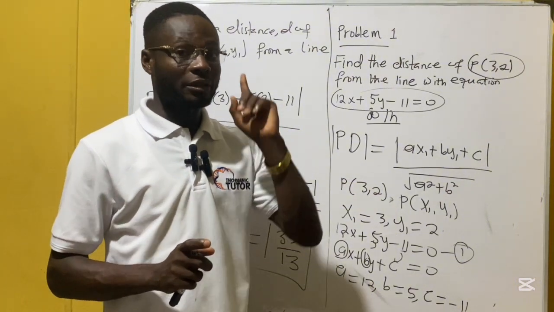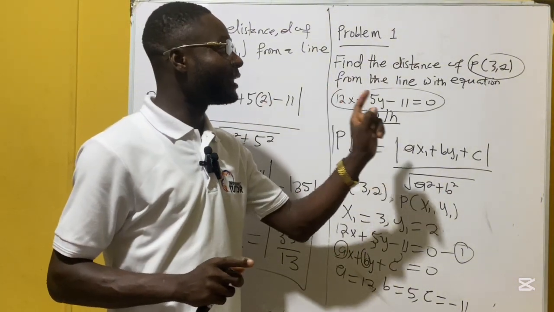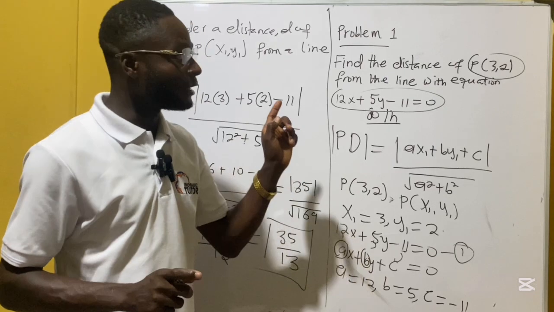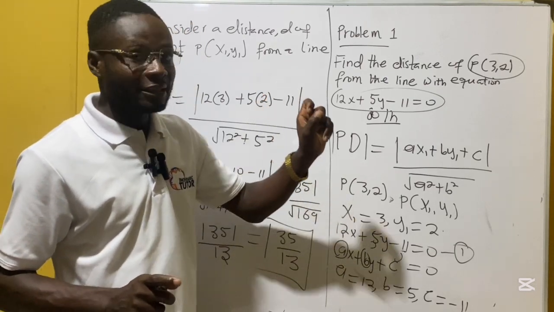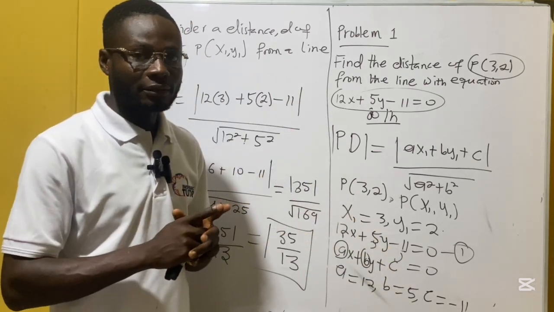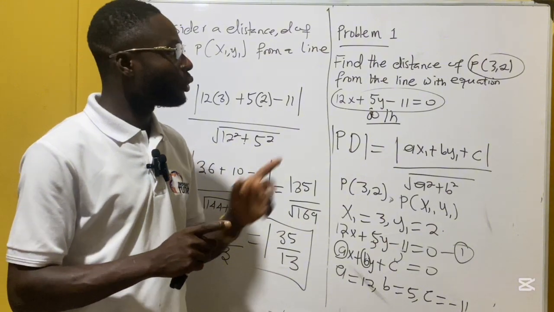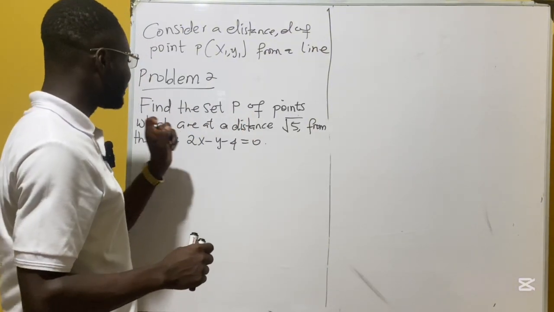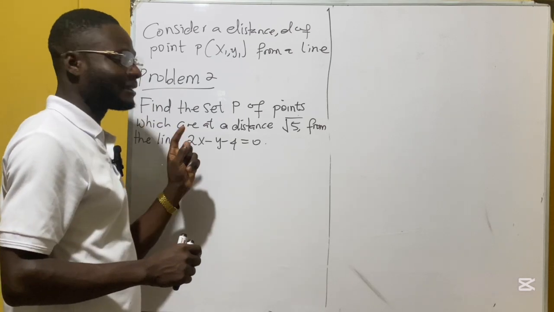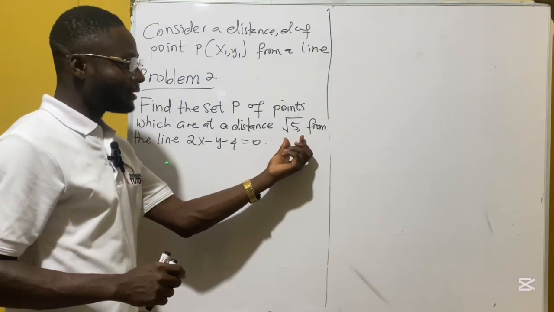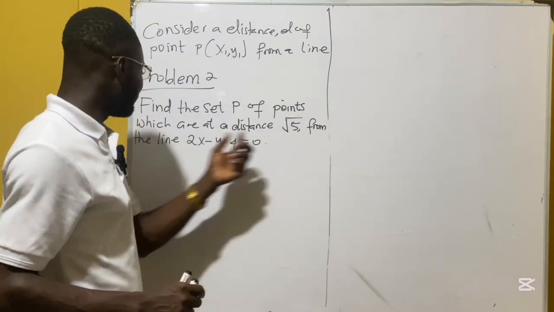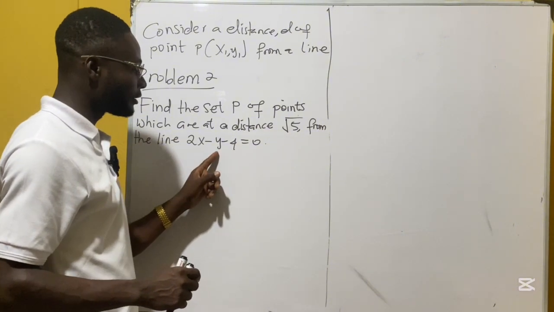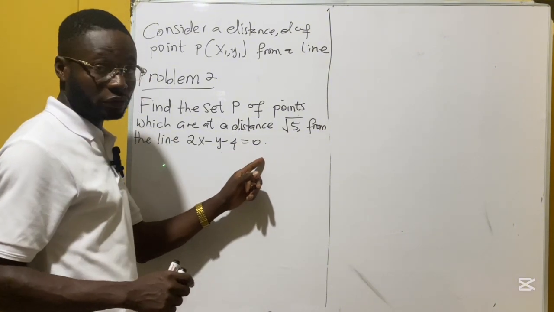Let's consider problem 2, where we have been given the distance already, and we want to find the other point. So we want to find the set P of points which are at a distance of square root of 5 from the line 2x minus y minus 4 equals 0.